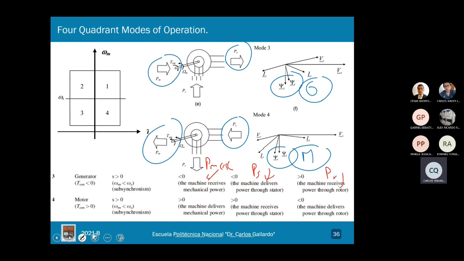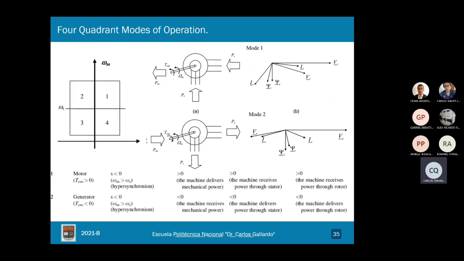In order to build the phasor diagram for the four modes of operation, I need to plot voltages, current, and fluxes, taking into account whether I have the motor operation or generator operation.